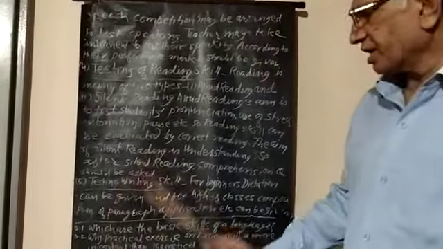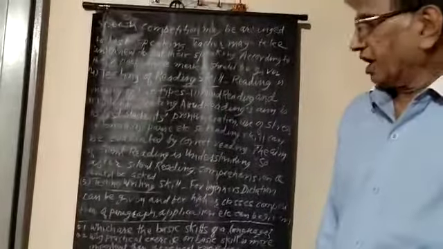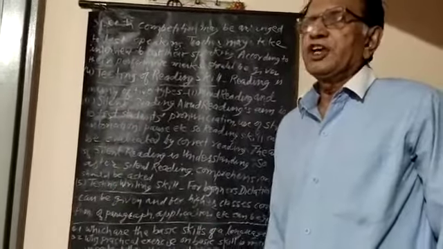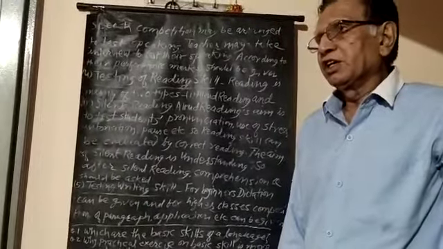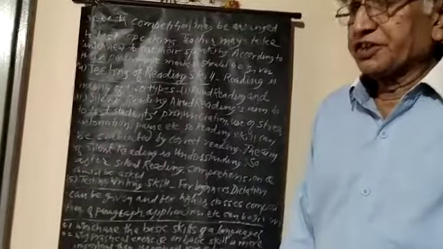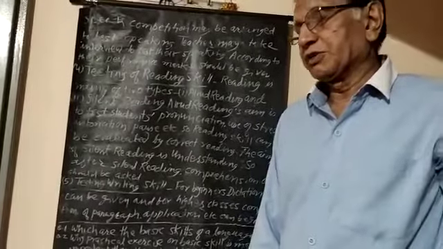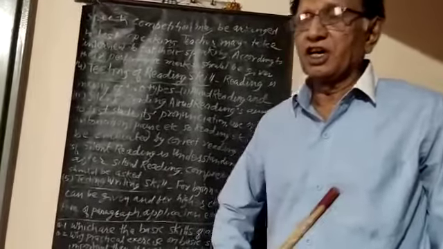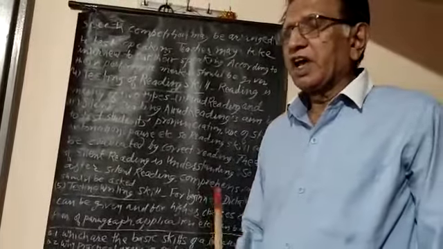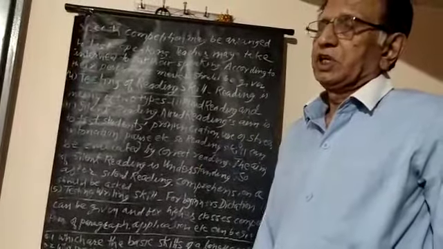And last, testing of writing skill. For testing writing skill, in the beginning, for students who are beginners, dictation can be given. Dictation means the teacher reads words one by one and asks students to write them.